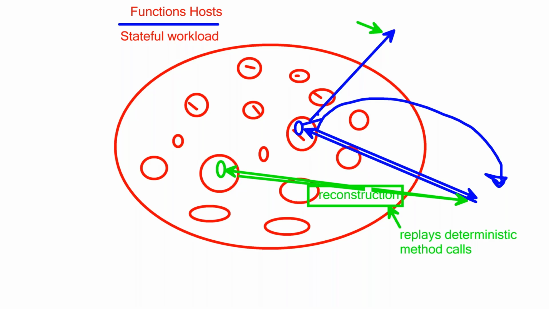So in other words, it plays forward very quickly because all those prior calls have already been completed and their history recorded. So when we reconstitute or reconstruct that workload instance on another host, that instance can be brought up to the state the moment the last time that function host went into hibernation.